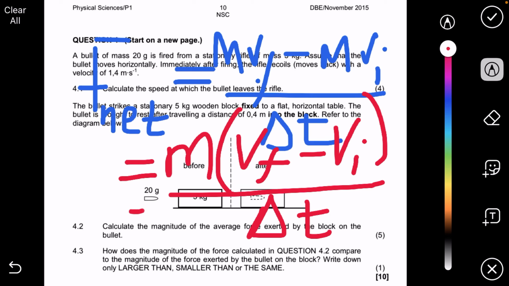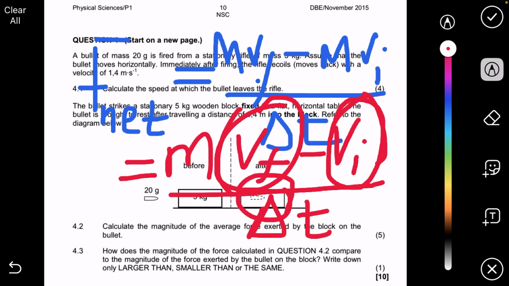This is the bullet which is striking the block. So we can make use of the information of that bullet to calculate the force exerted by the block on the bullet. We know the bullet comes to rest, and most importantly, we know the velocity at which the bullet strikes that block.